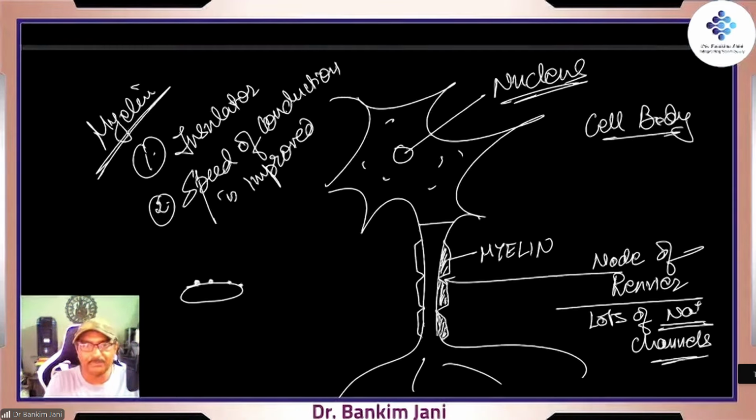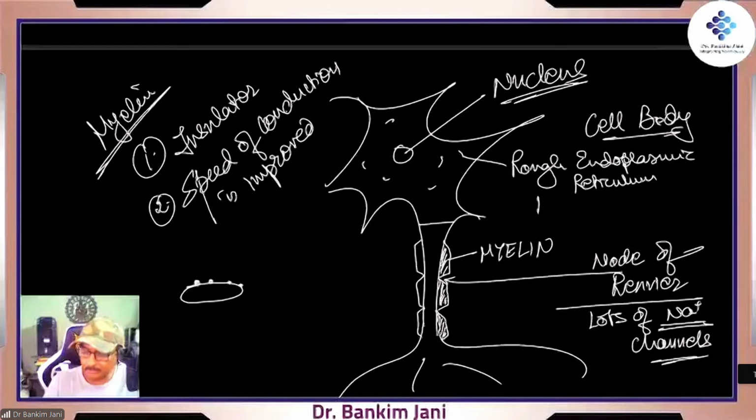If not, then we call it smooth. Over here is the rough endoplasmic reticulum. And this rough endoplasmic reticulum has a specific name, and that is what is called the Nissl's body. So yes, we need to remember, this is what is called the Nissl's body.